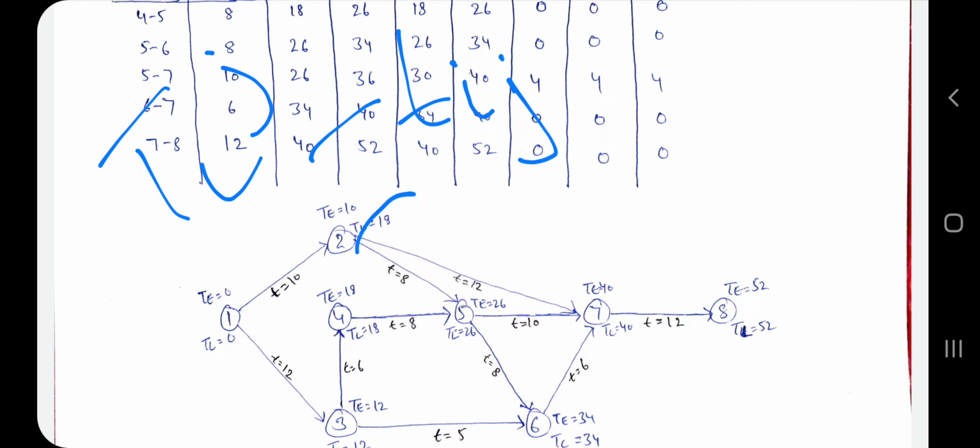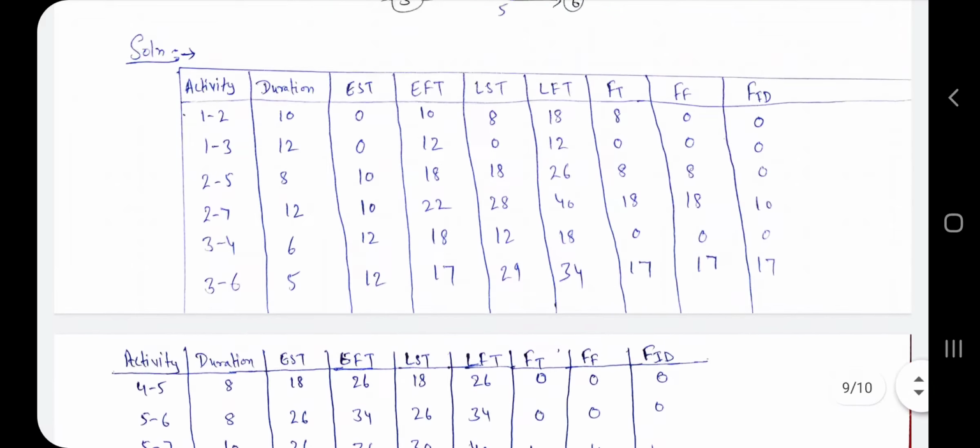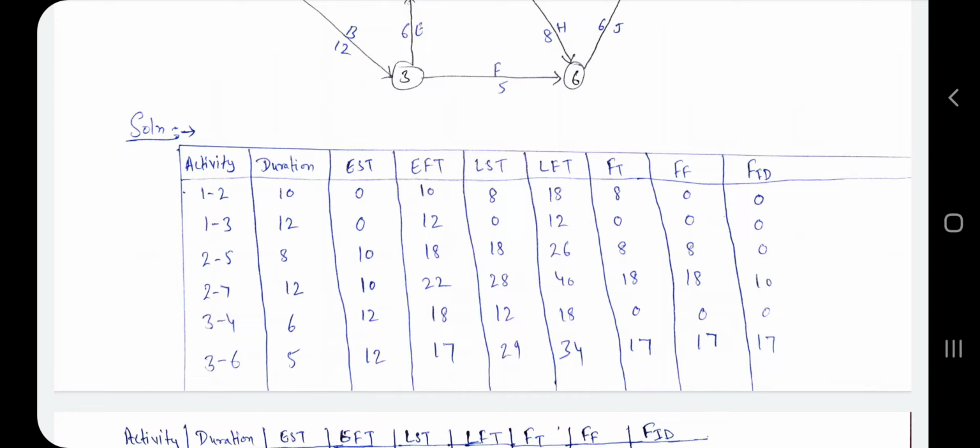So TLJ is 18 and TIJ is 10, which means 18 minus 10, here we get 8. So the LST value is 8. In this manner we have found the EST, EFT, LST and LFT.